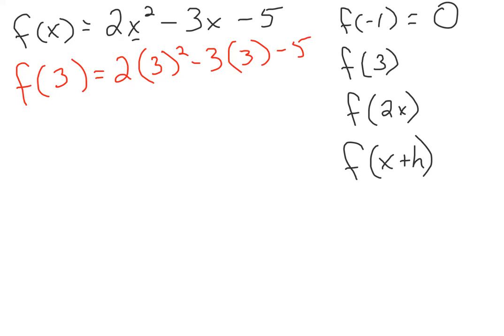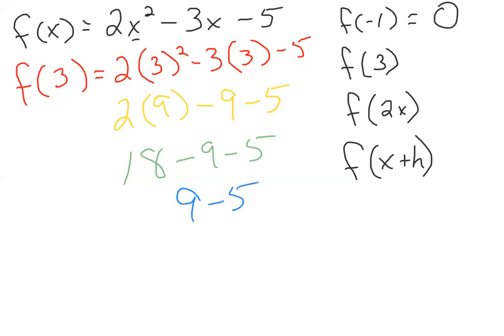Now I clean it up. 3 squared is 9, so I got 2 times 9. -3 times 3 gives me -9. Now I need to multiply 2 times 9, which is 18. 18 minus 9 is 9. And 9 minus 5 is 4. So f of 3 equals 4.